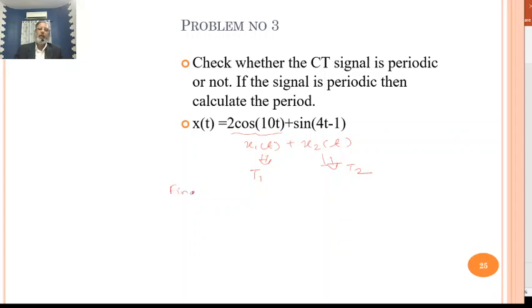First step is to find out T1. Now the first signal x1(t) equals 2 cos 10t.